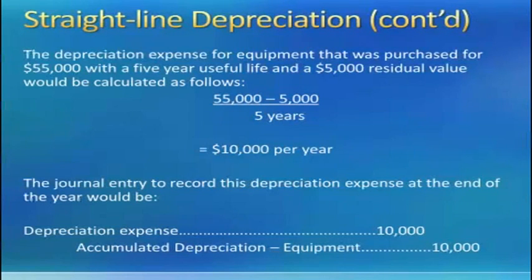The cost of the asset is $55,000 minus the $5,000 residual value divided by the 5-year useful life gives us depreciation expense of $10,000 per year over the entire useful life. Our journal entry would be a debit to depreciation expense and a credit to accumulated depreciation of $10,000.